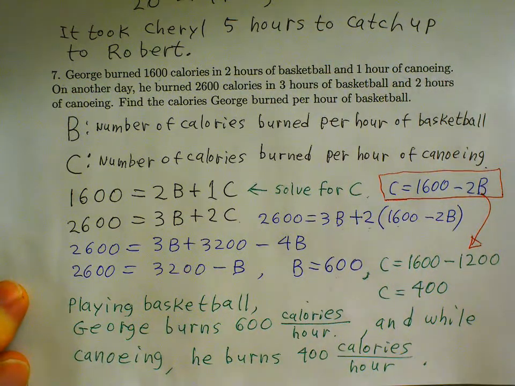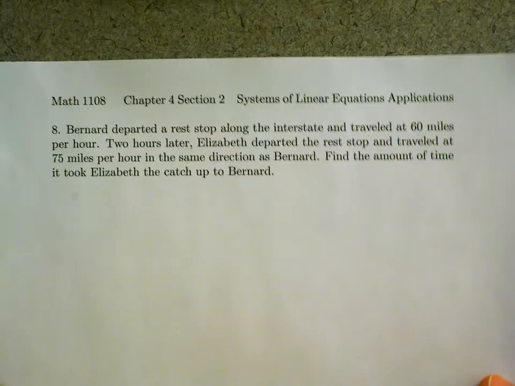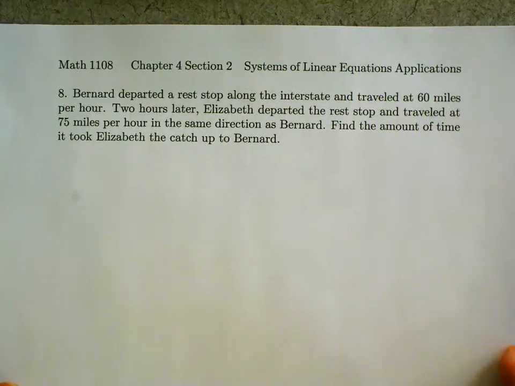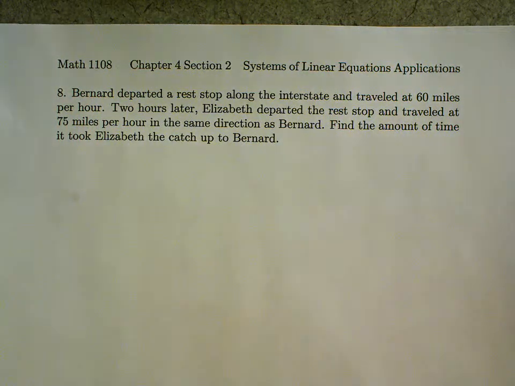Okay, let's move on to the next page. Okay, this one, Bernard departed a rest stop along the interstate and traveled at 60 miles per hour. 2 hours later, Elizabeth departed the rest stop and traveled at 75 miles per hour in the same direction as Bernard.